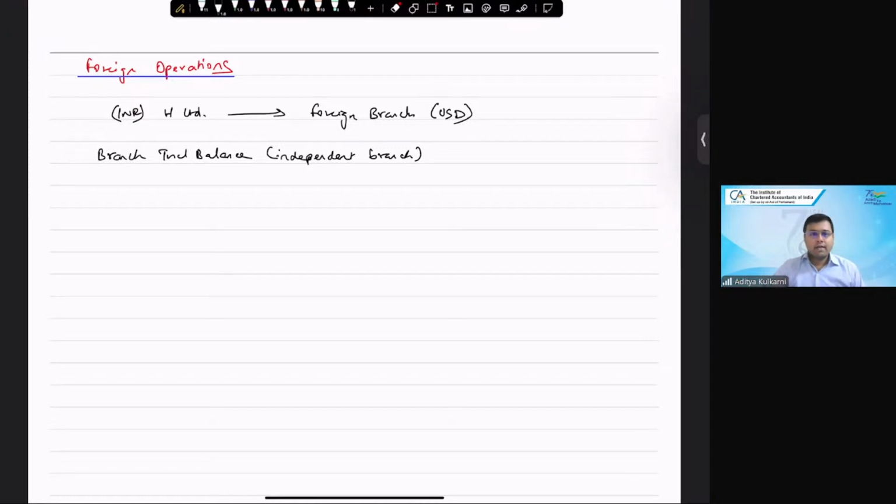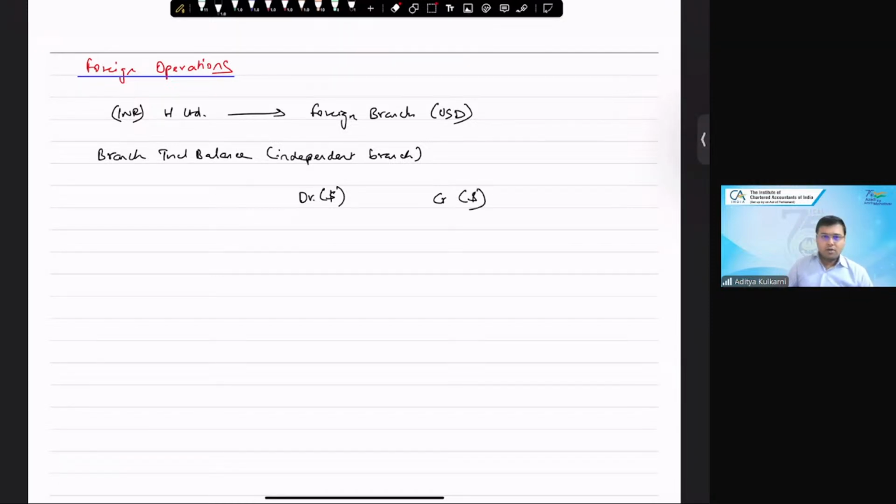All right. Now, let us proceed. When I talk about the branch trial balance, let us take a very simple trial balance. Debit, credit. This is in dollars.